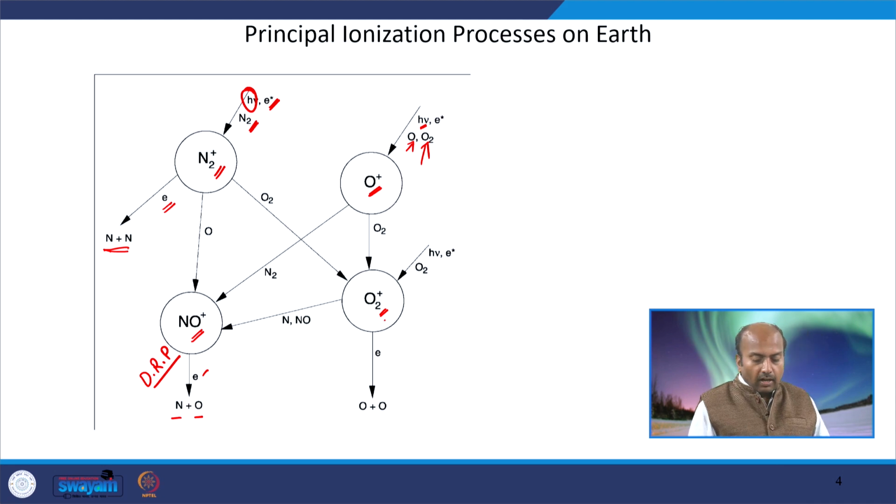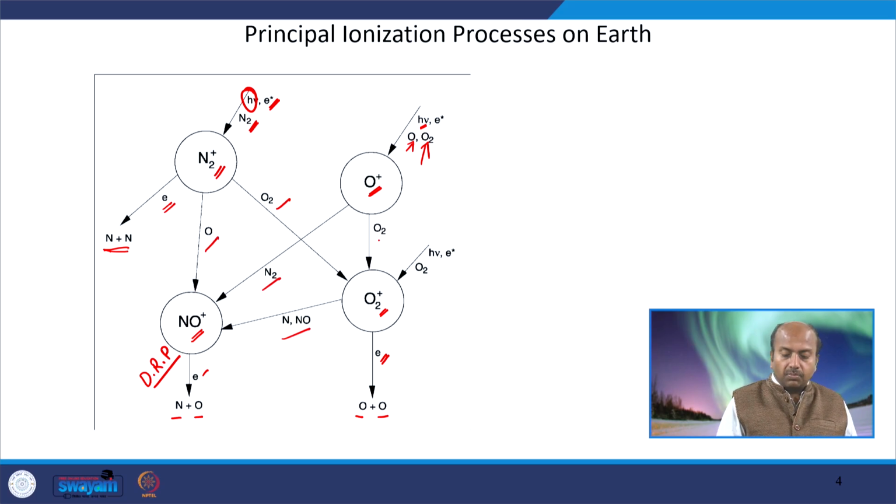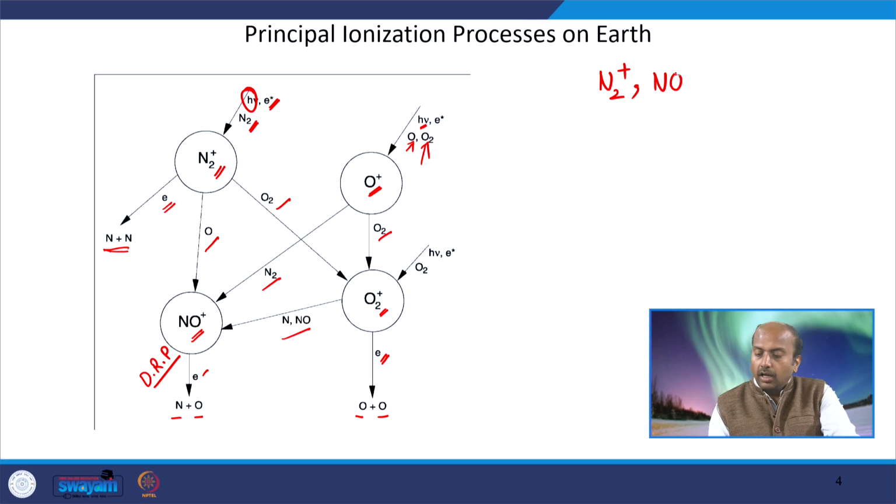The O2 plus molecular ion can again recombine with an electron, by dissociative recombination, into two oxygen atoms. And within these four ions, several cross correlations can happen because of the availability of species. So, in essence, the major ionic species are N2 plus, NO plus, O plus and O2 plus.